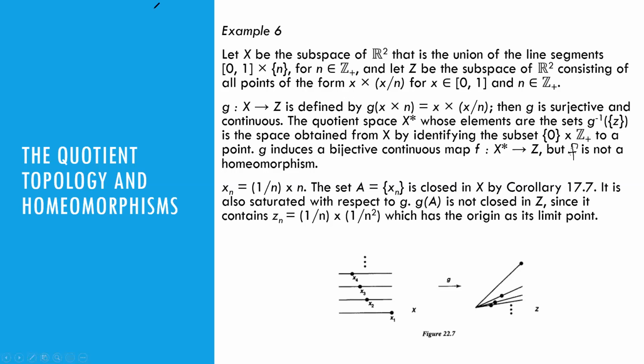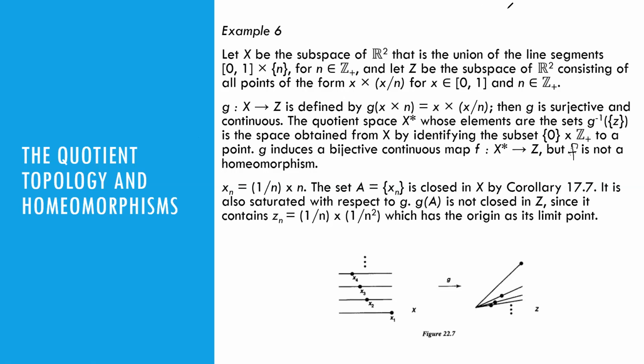Okay, so we have the set A, which equals the collection Xn, and by corollary 17.7, which says that a subset of a topological space is closed if it contains all of its limit points, we see that A is closed in X, since its limit is not a point which lies in X. It goes up to infinity.